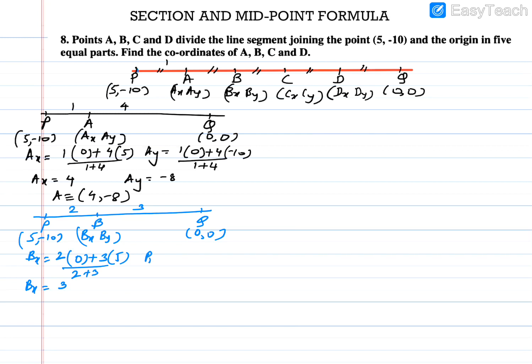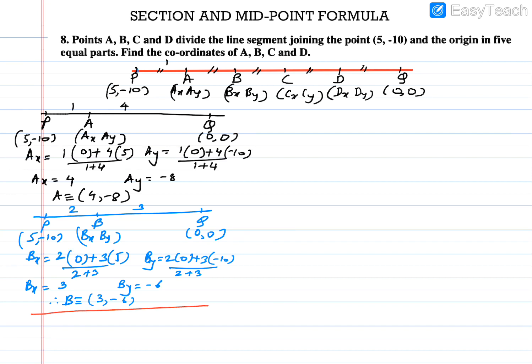And for by you will write m into y2 plus n into y1 upon m plus n, that is 2 plus 3. Here by will be minus 30 upon 5, that is minus 6. Therefore coordinate of b will be 3 and minus 6.